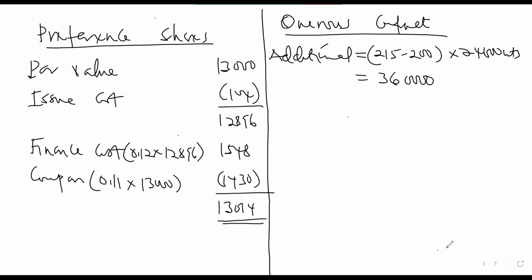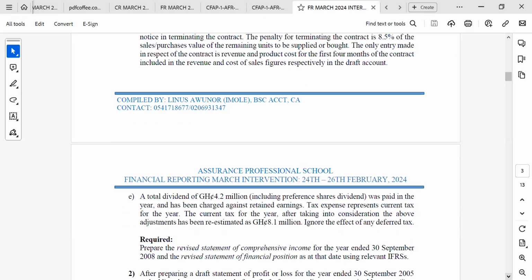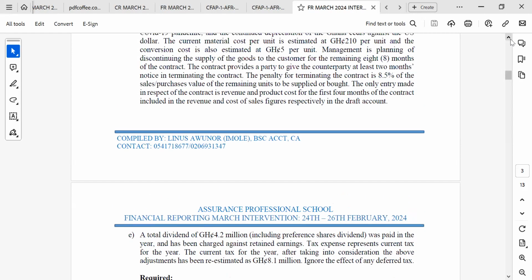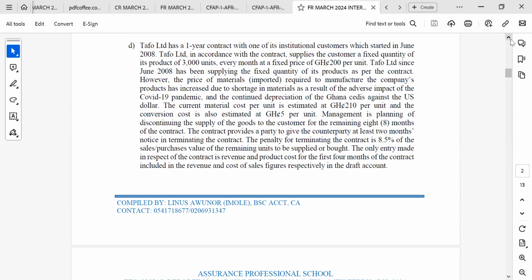So let's look at the penalty. The question will always give you a penalty relating to this situation. If you want to continue the contract, you are going to be incurring a cost of 360,000 to fulfill the contract. Let's see if we want to terminate, or stop the contract. What will happen?